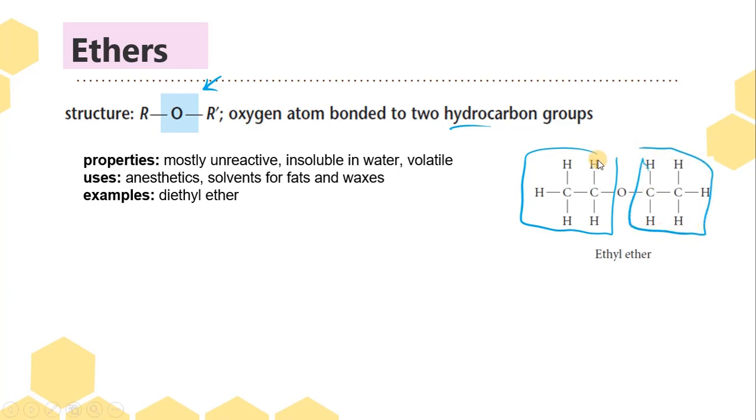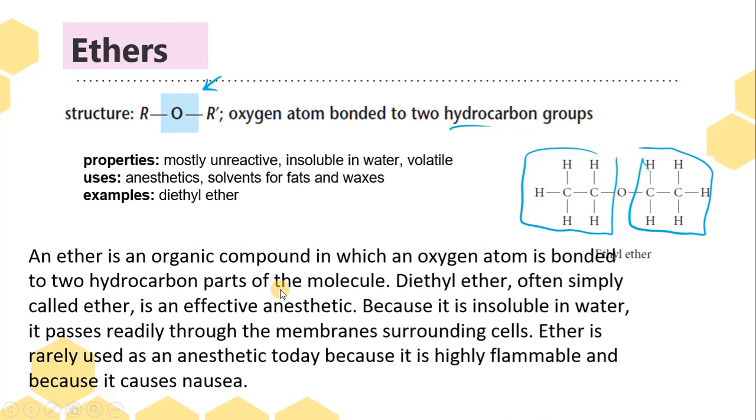This is termed ethyl ether or diethyl ether because you have an ethyl on both sides. An ether is an organic compound in which an oxygen atom is bonded to two hydrocarbon parts of the molecule. Ethyl ether, often simply called ether, is an effective anesthetic. Because it is insoluble in water, it passes readily through the membranes surrounding the cells.